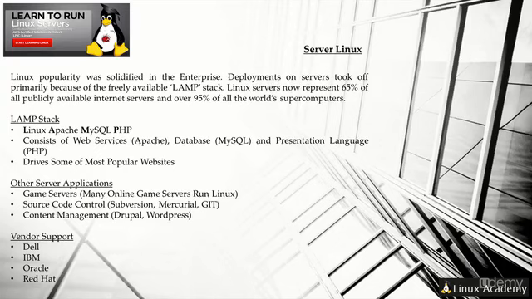SourceForge, as a matter of fact, which is one of the largest online developer repositories in the United States, obviously runs everything on the back end using both Subversion and Git, and everything runs on Linux.